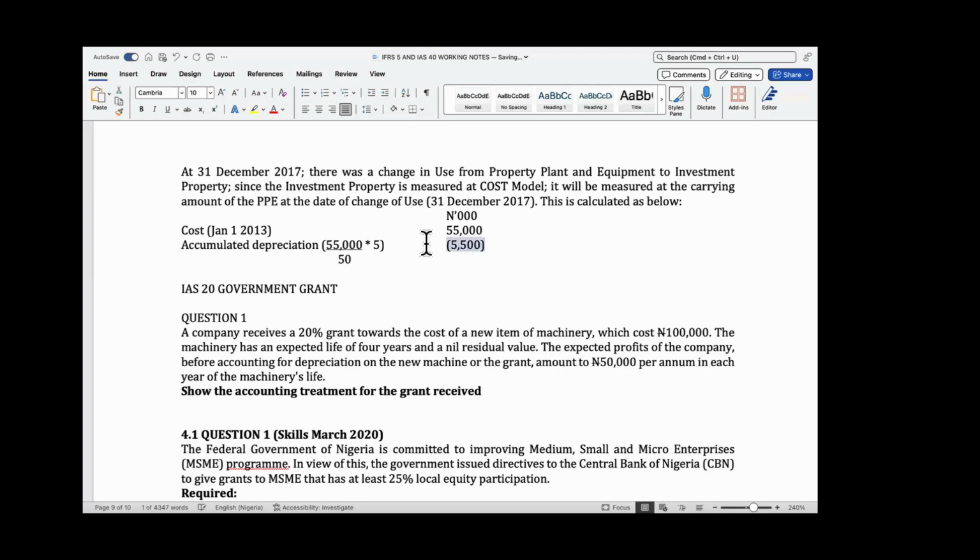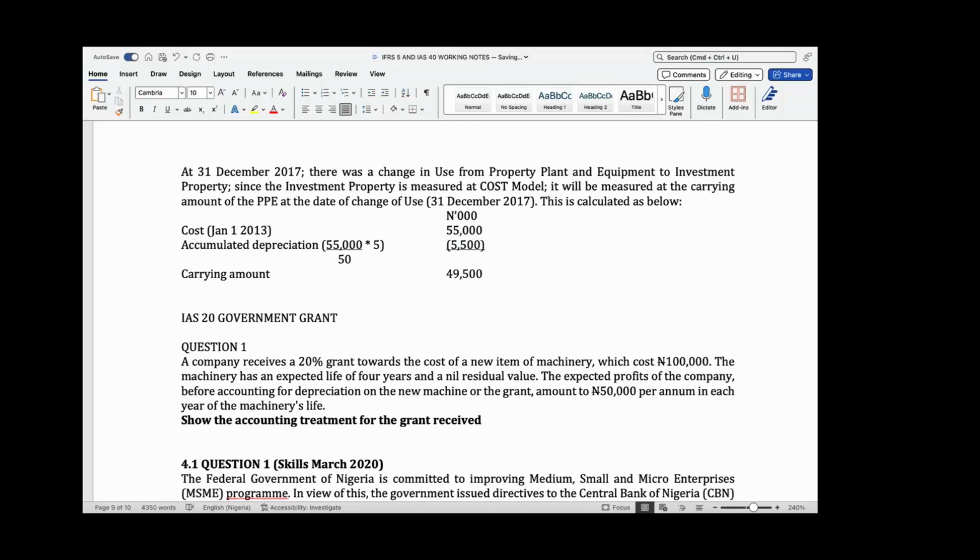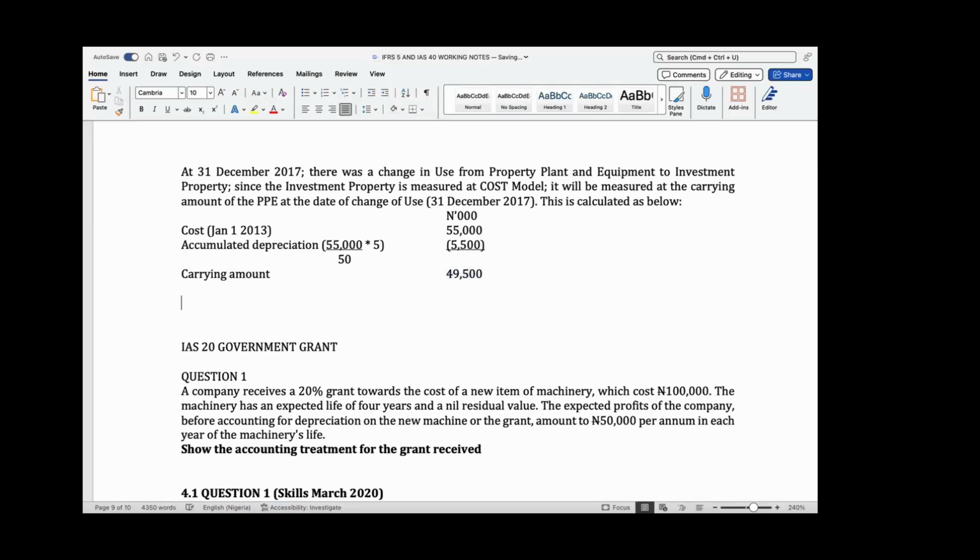So what's the carrying amount? Should be 49.5. So we're going to measure the investment property at 49,500.